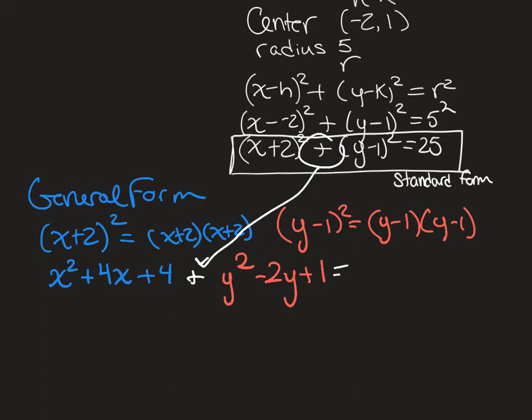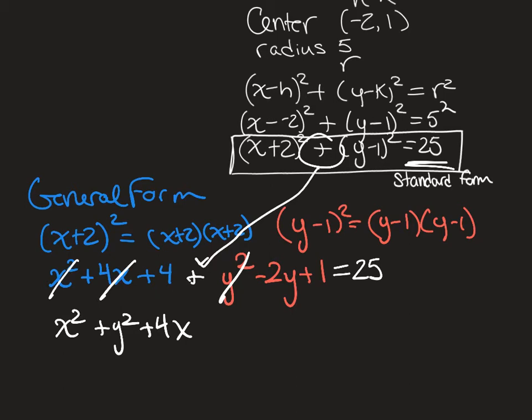And then this equals 25 from right here. General form normally equals 0, so I'm going to move stuff over and combine like terms. And we usually put our squared terms first. So we're going to do x squared plus my y squared. We go in alphabetical order. We go back to the x's. Plus 4x minus my 2y. I'm going to subtract my 25 over.